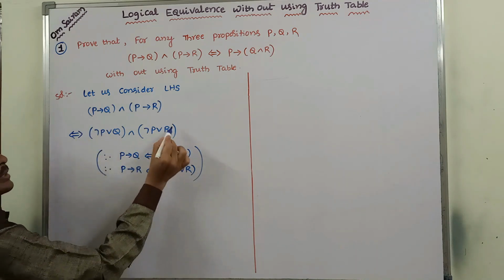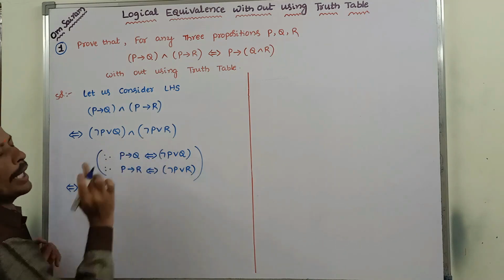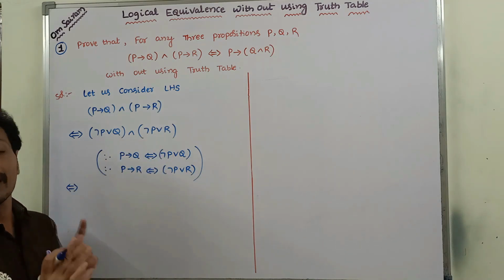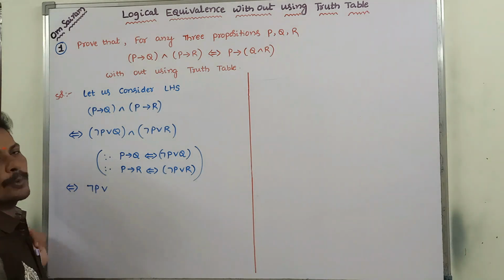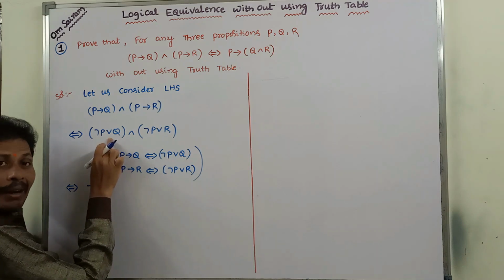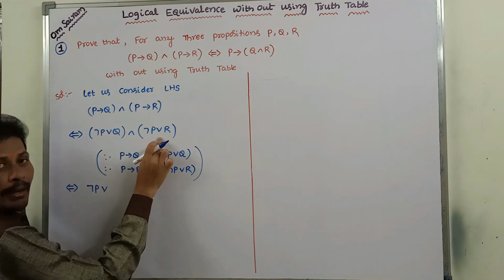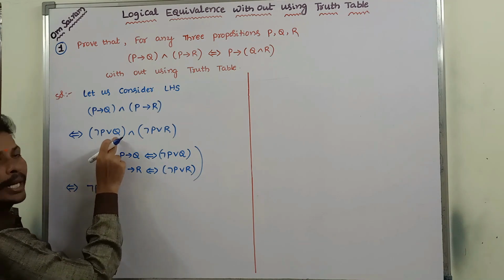Observing this entire compound proposition, we have to separate ¬P ∨. Here ¬P ∨, here ¬P ∨. We separate ¬P ∨. What is the remaining?